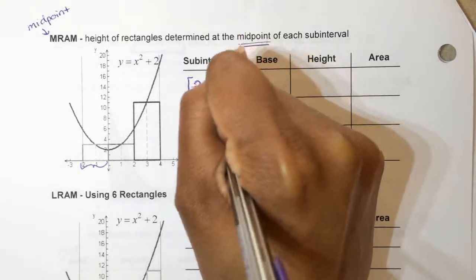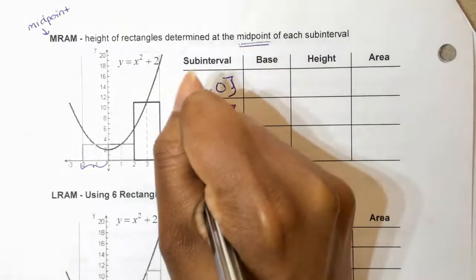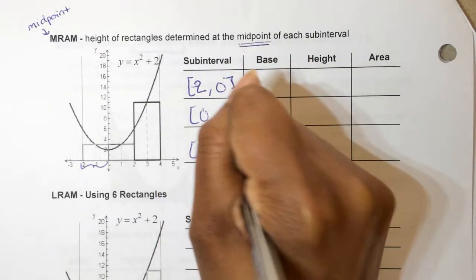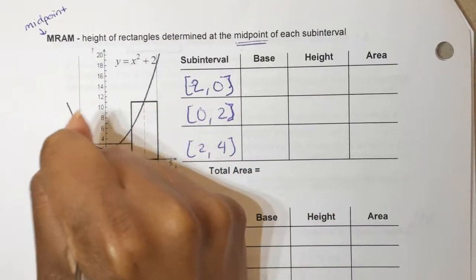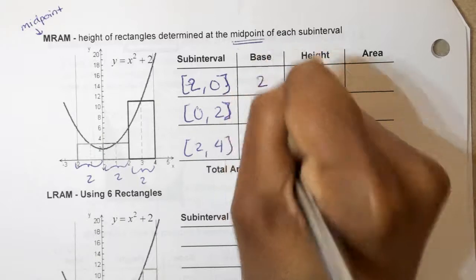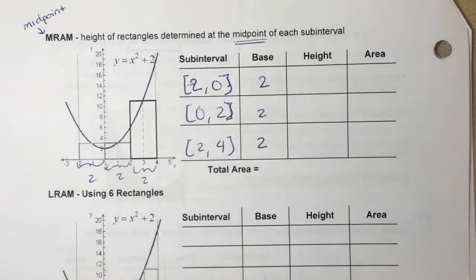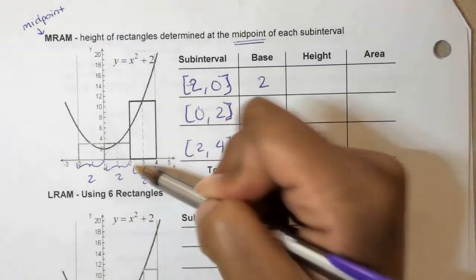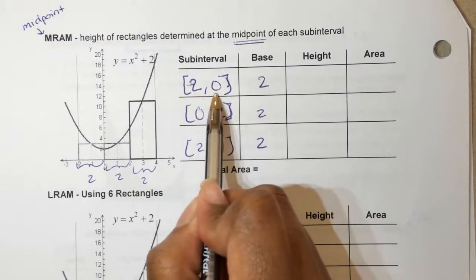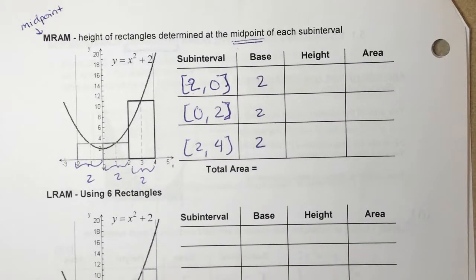0 to 2, and 2 to 4. Those distances are still 2 units apart, so our base is still 2. The difference here is that the height of our rectangles is going to be the midpoint between our 2 endpoints of our subinterval.